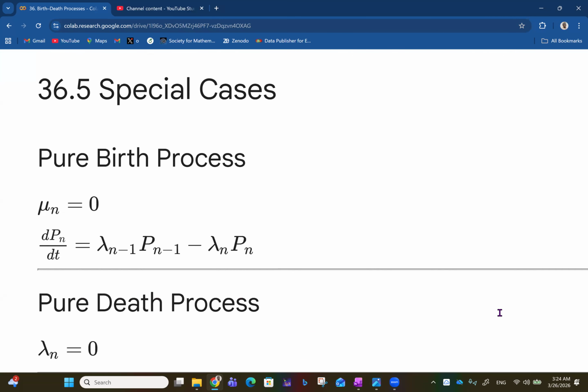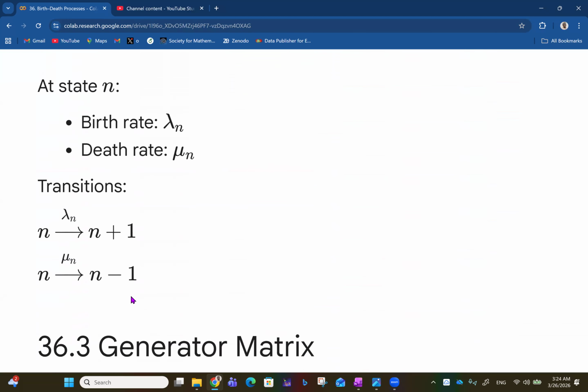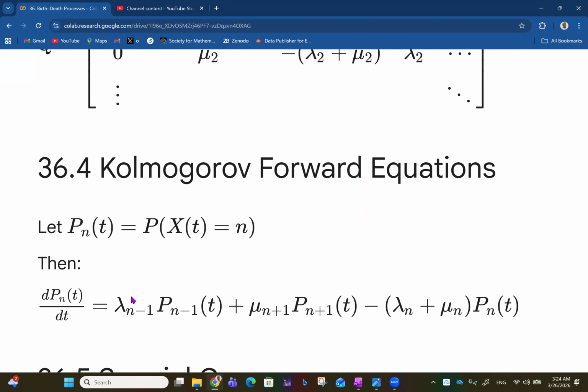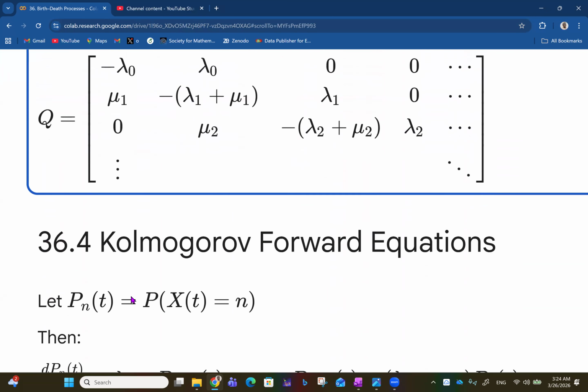And then we have special cases. For a pure birth process, mu n is equal to 0. Lambda n is the birth rate, right? So we are simply talking about purely births, so no death.